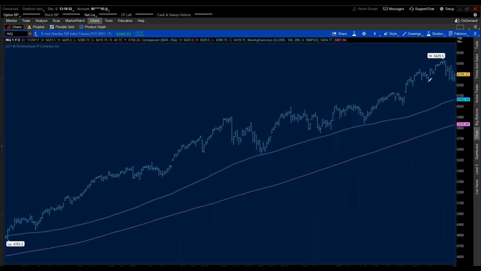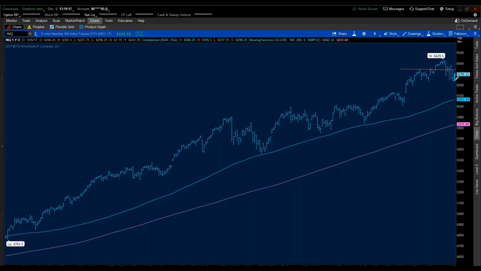Drill in further. This high right here is going to be 63.45. Yesterday's high is going to be 63.40. So that might be a place, actually, if I wanted to get short, that I'd want to stop behind.